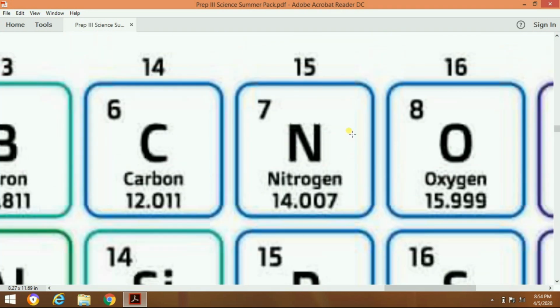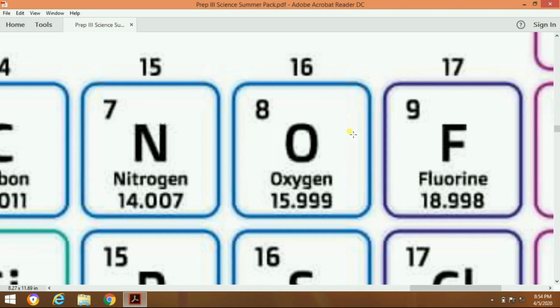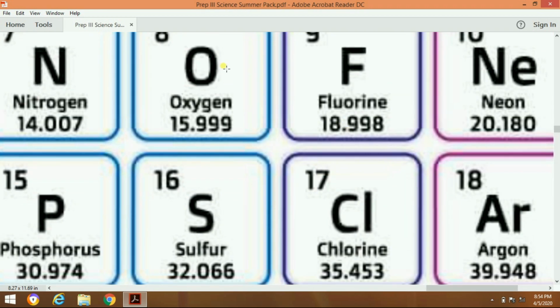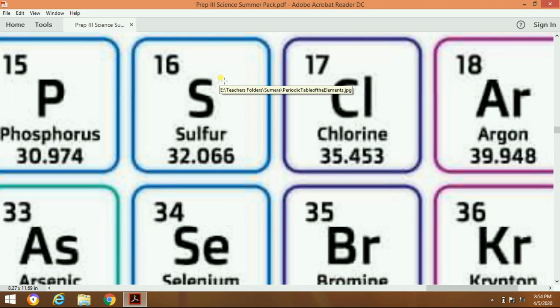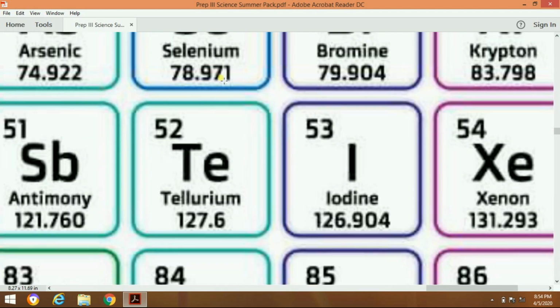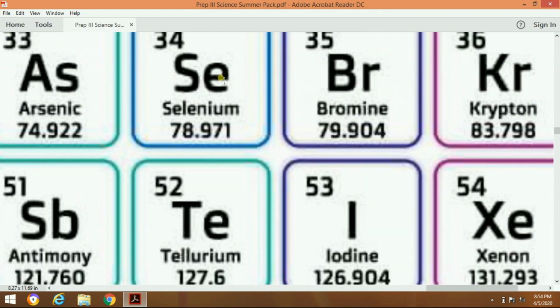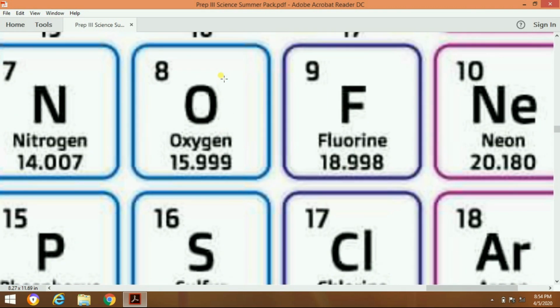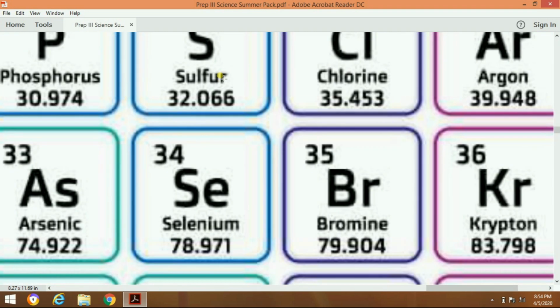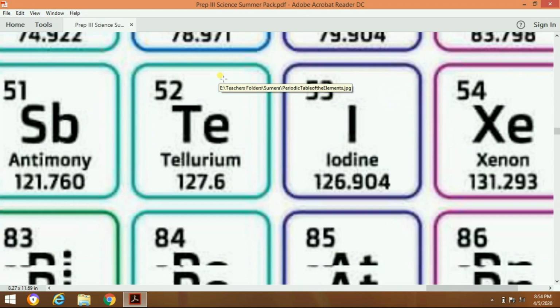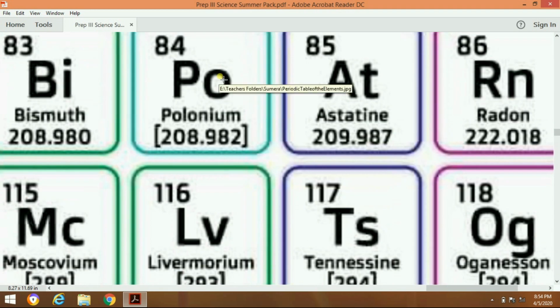Now, group 6A, that is oxygen family: oxygen, sulfur, selenium, tellurium, polonium.